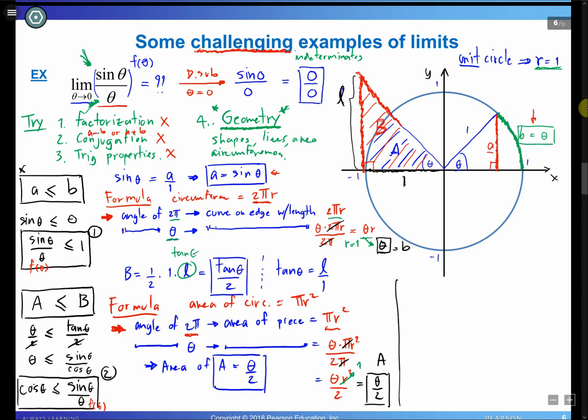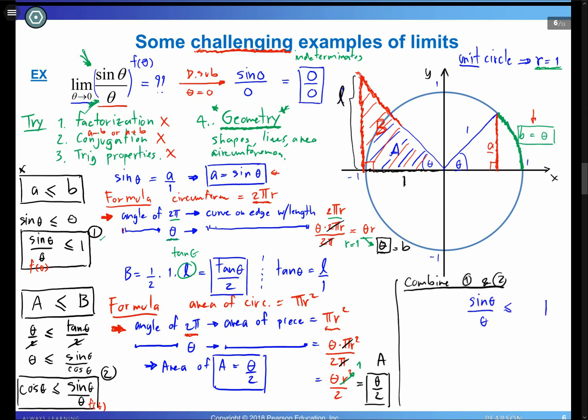Now we are going to combine 1 and 2 together. Let's see what happens. So we have sine theta over theta in the middle. From condition number 1, sine theta over theta must be less than or equal to 1.